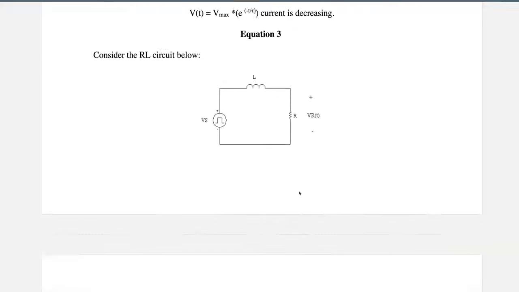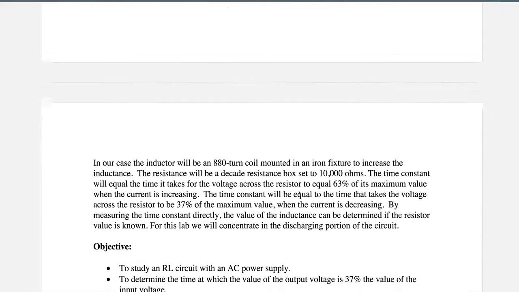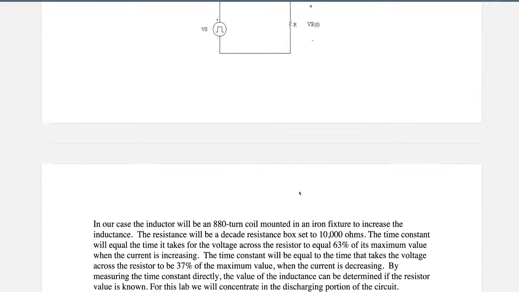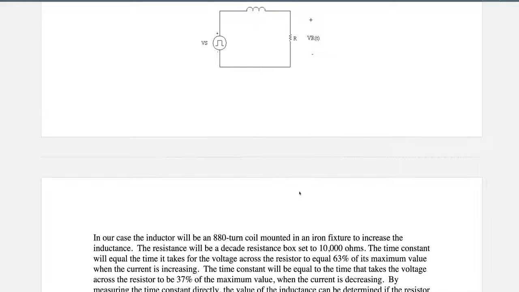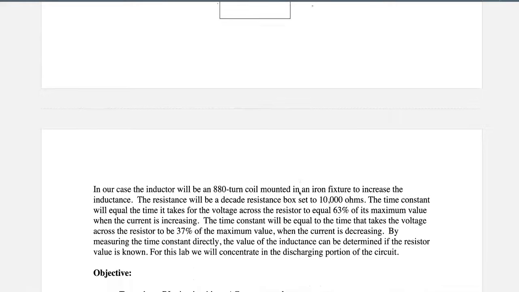During the discharging, V(t) is going to be V maximum e to the minus t over tau, and the current is decreasing. In our case, our inductor was a 880-turn coil mounted in an iron fixture, a technique we use to get more inductance. The resistance is a decade resistance, and it is 10,000 ohms.